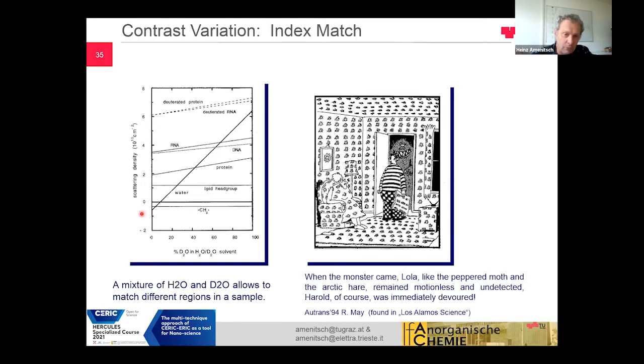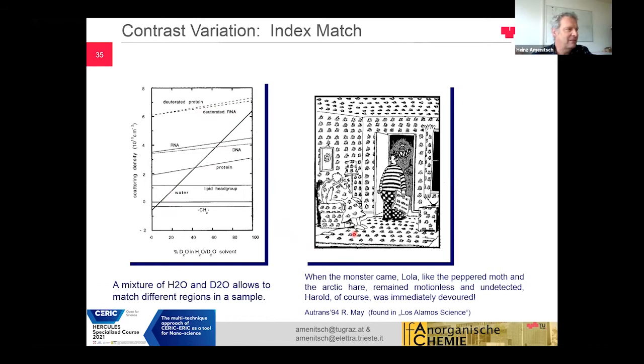And by changing the water to heavy water ratio, you can easily match the different neutron scattering length contrasts. So, for instance, you can selectively switch off parts of your sample and recover what the remaining part is scattering. By doing this for various points, you can then calculate, for instance, the complex shape of proteins by doing this for different selectively deuterated parts of the proteins or the RNA.